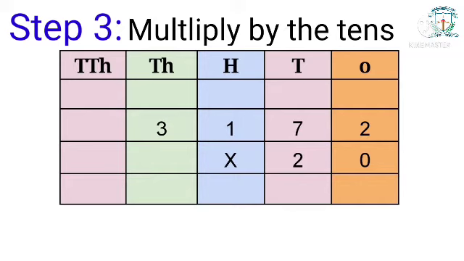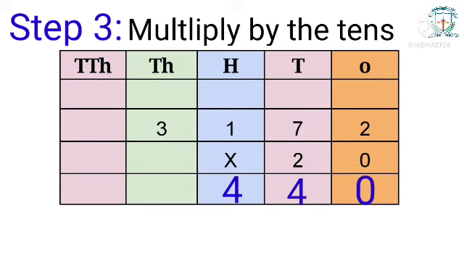Step 3. Multiply by the tens. That is, 3172 multiply by 20. Now, let us multiply 3172 by 20. Since we are multiplying by 20, we have 0 in ones column. Write 0 in ones place. Now, let us multiply by 2. 2 twos are 4. Write 4 in tens column. 2 sevens are 14.